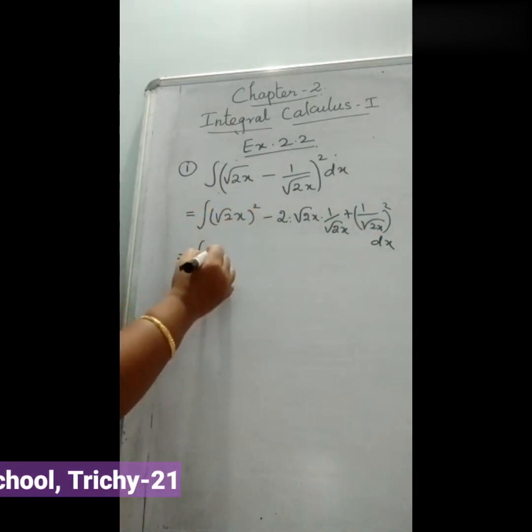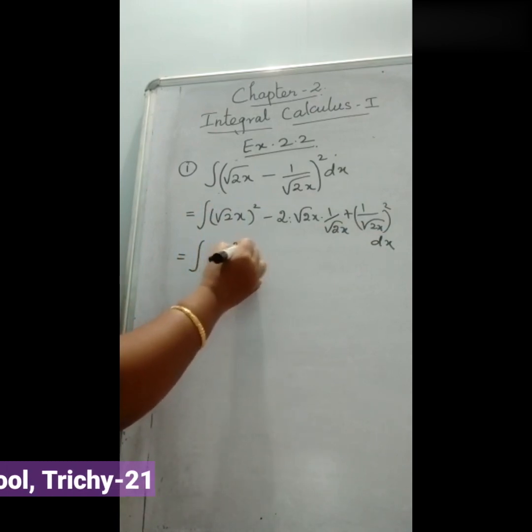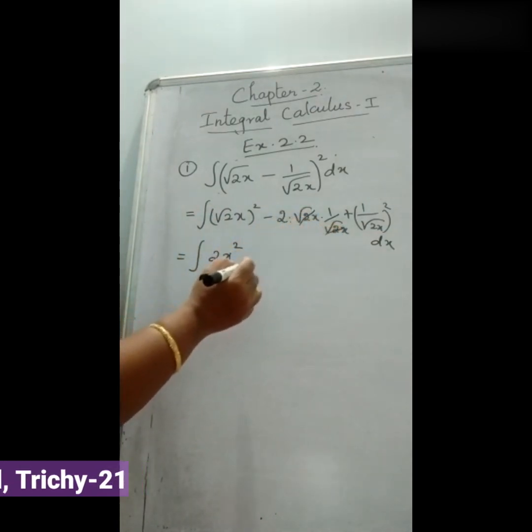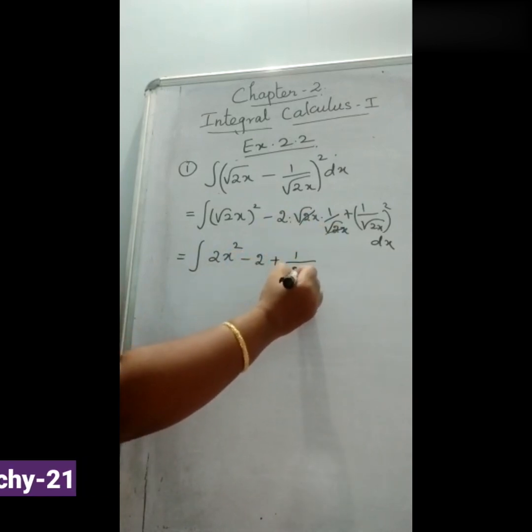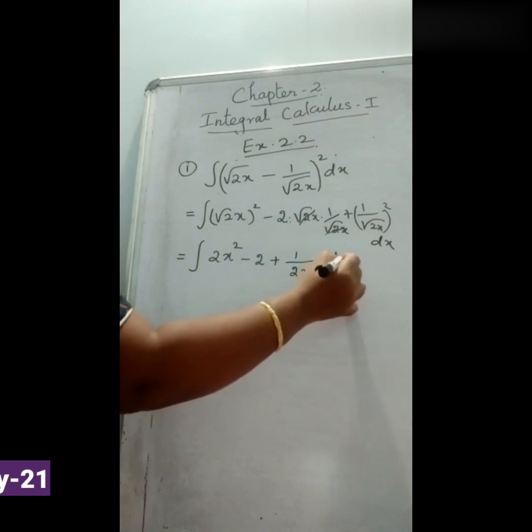Root and square will be cancelled, so 2x, and in the middle root 2x cancels, so minus 2, plus 1 by 2x², dx.